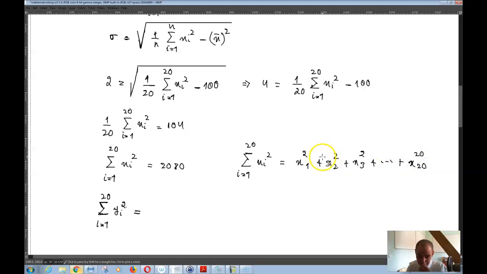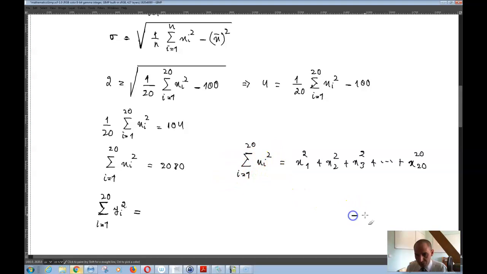Now 8 was somewhere over here as one of these observations, so I have to take it out, and as you can see, it is in the form of 8 squared in here, so I have to subtract 8 squared from this sum.